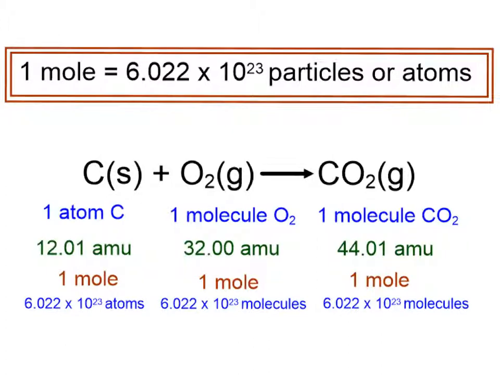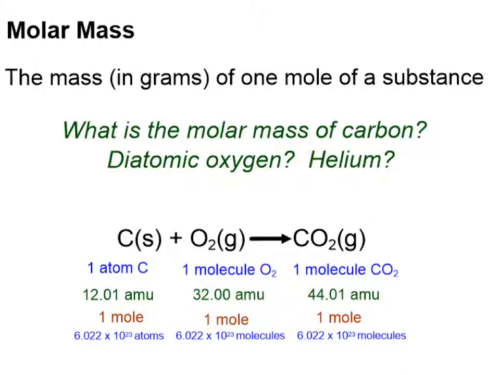I could also say, because I know that 1 mole equals 6.022 times 10 to the 23rd pieces, that 6.022 times 10 to the 23rd atoms of carbon and 6.022 times 10 to the 23rd molecules of oxygen is going to give me 6.022 times 10 to the 23rd molecules of carbon dioxide.